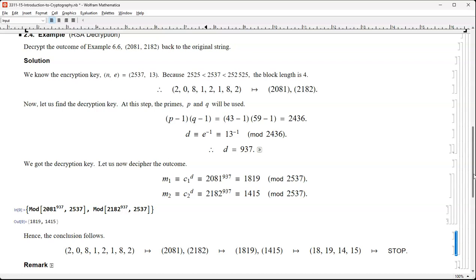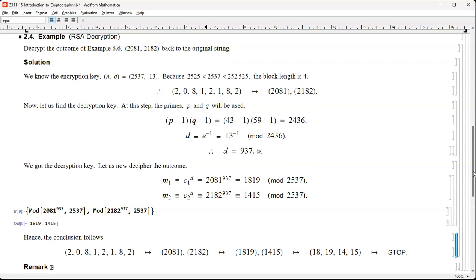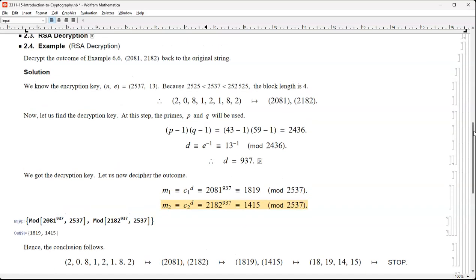Okay, and that's how you can handle this kind of encryption and decryption problem. This kind of computation looks out of reach for any human, but for computers, it's not too bad. Even when the numbers are much bigger, it is still okay.